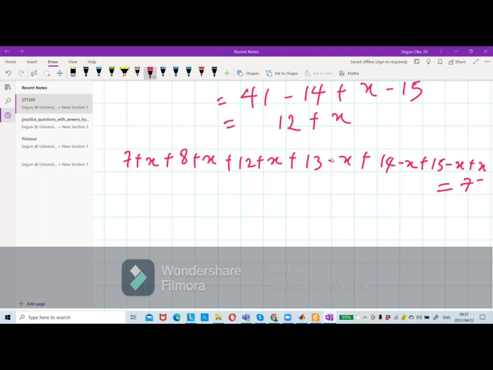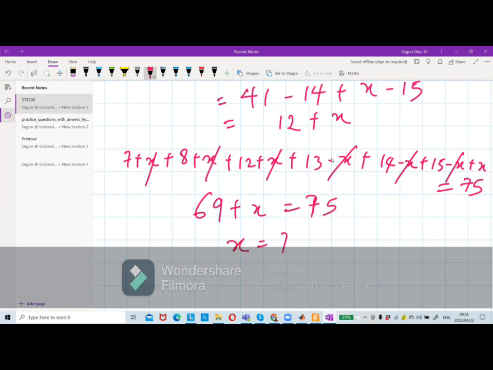Everything equals to 75. So some x will go, this x cancels this, this x cancels this, then this x cancels this, remaining one x. So if you add everything together, you have 69 plus x equals to 75.